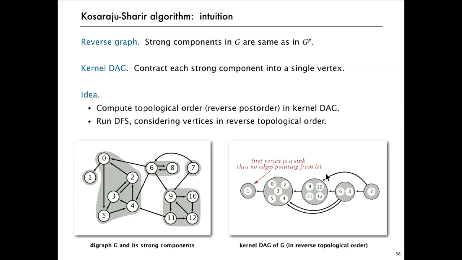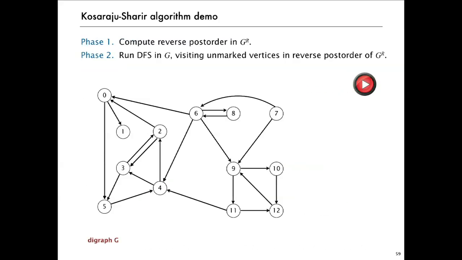And then we run DFS, but instead of considering the vertices in numerical order for the DFS, we consider them in that reverse topological order. It's extremely easy to implement this algorithm. Of course, we're going to use DFS. So let's look at a demo of how the algorithm works.